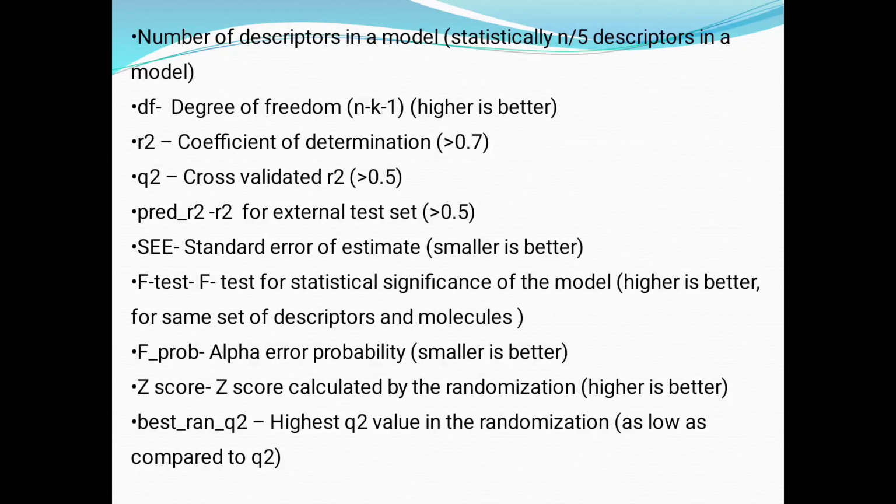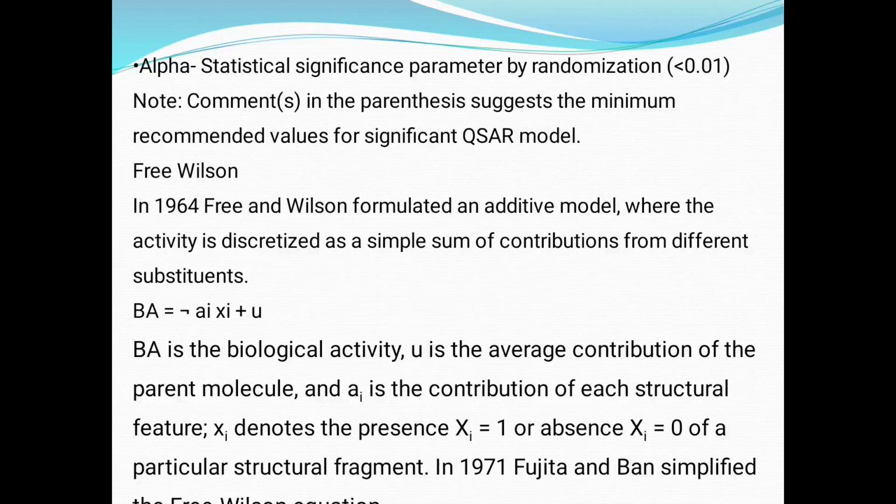The alpha statistical significance parameter by randomization, again, should be as low as possible, less than 0.01.